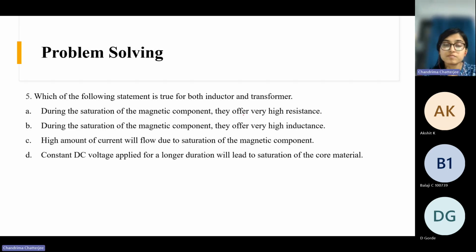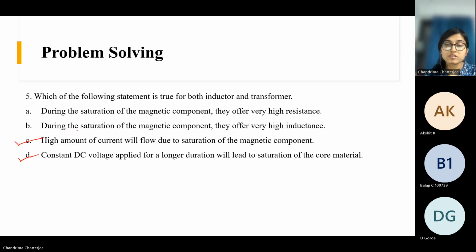First one is true. Yeah. Others? So correct options are option D and option C.